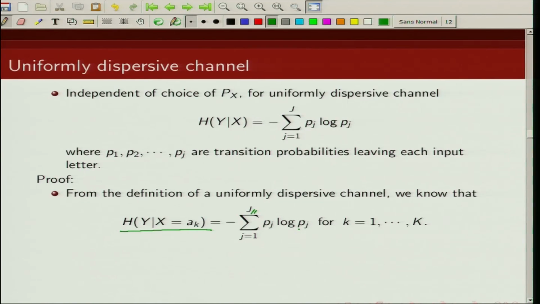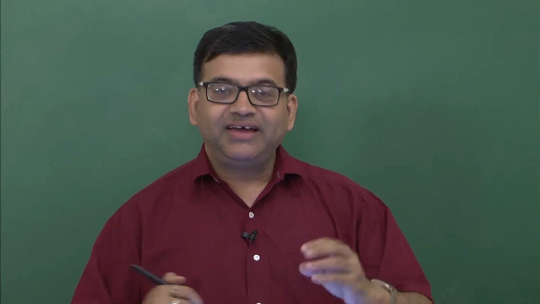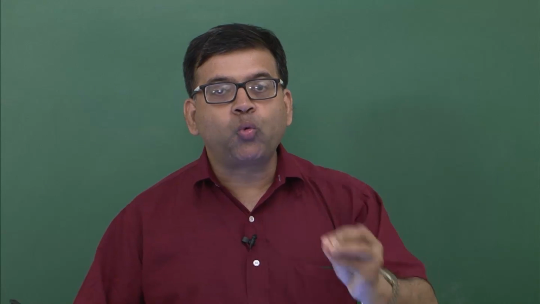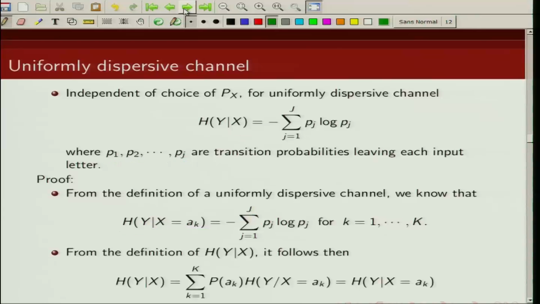We know that these transitions P1, P2, P3, up to Pj, when arranged in descending order, are the same no matter what input you consider. So, from the definition of conditional entropy of y given x, we can write this as this.